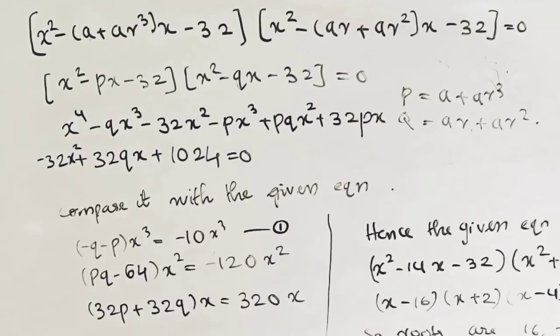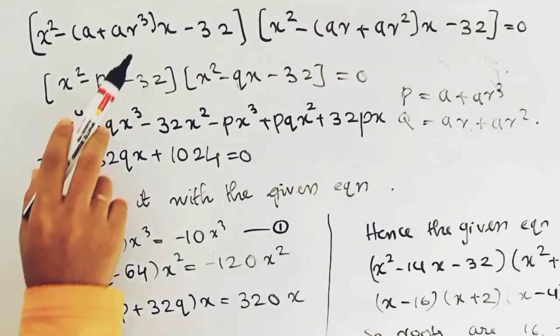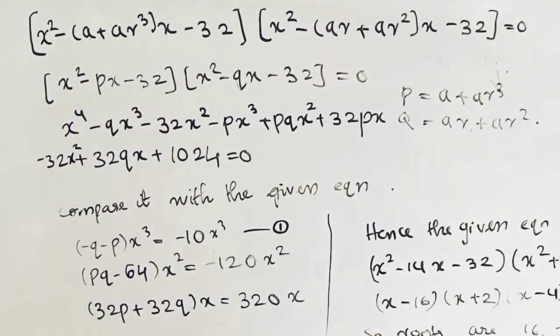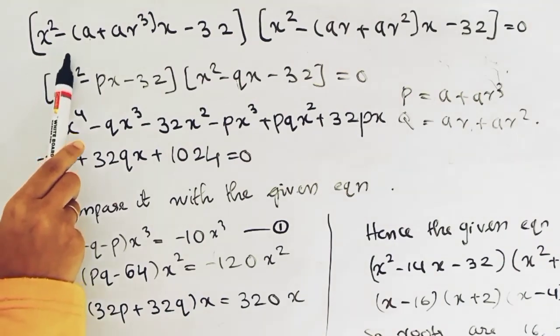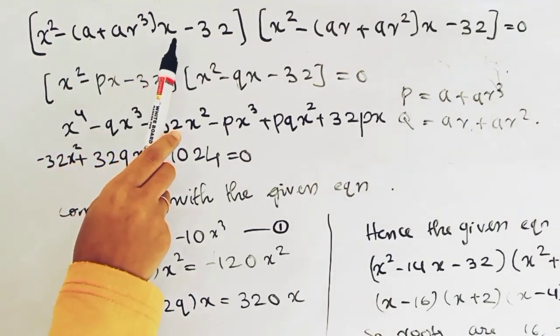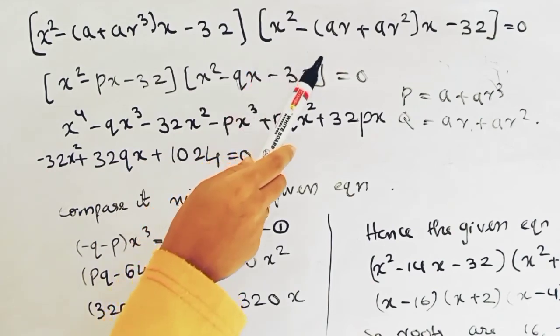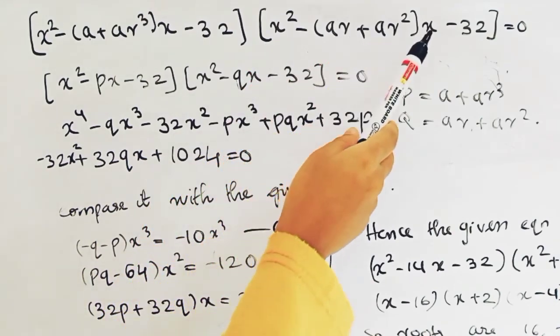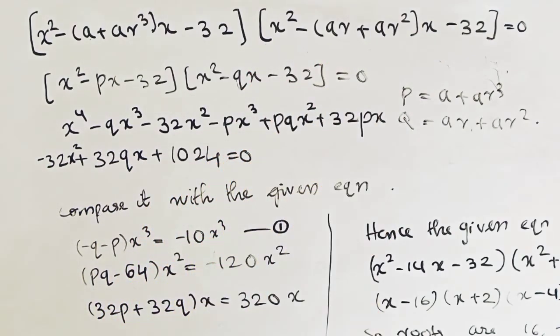Now listen carefully: we have substituted a square r cube as minus 32. So x square minus (a plus ar cube) x minus 32, and x square minus (ar plus ar square) x minus 32 is equal to 0.